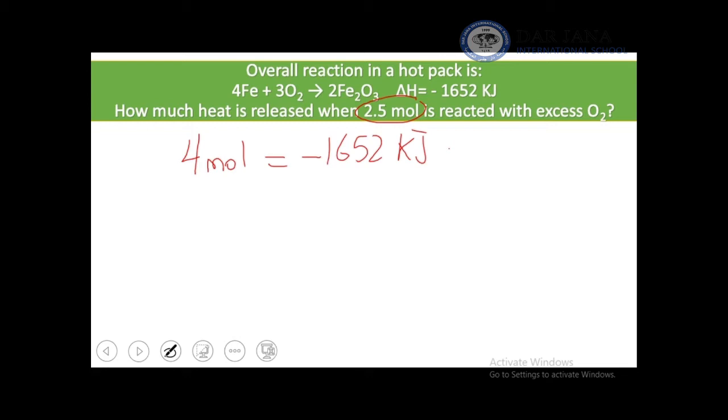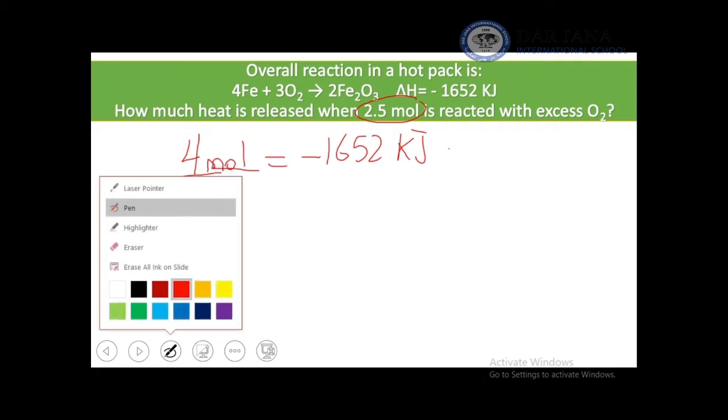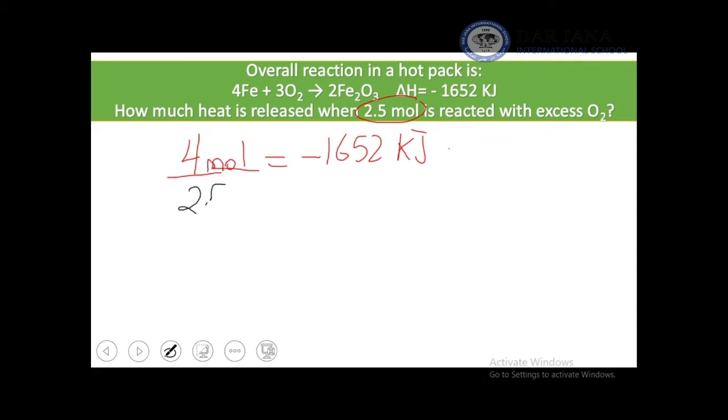The delta H follows the stoichiometric ratio, so we can write it in this form. The given here is 2.5 moles. How much energy will we produce? So x, just a ratio, solve the ratio.